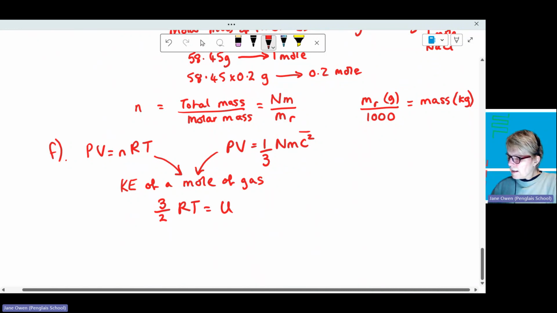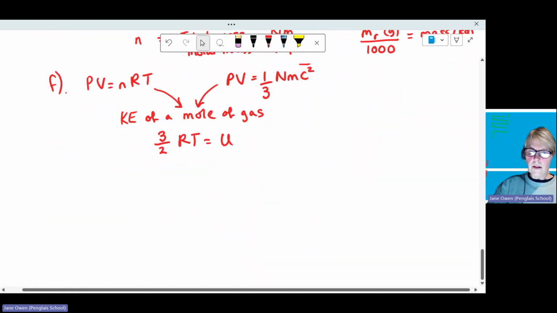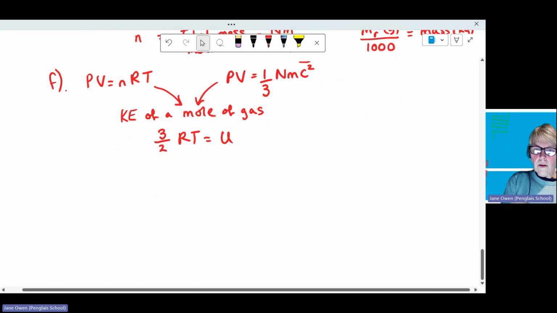Also this will be for 1 mole. Okay, so let's crack on. Relate the PV to each other. On the one side, we've got nRT equals a third N m mean square speed.